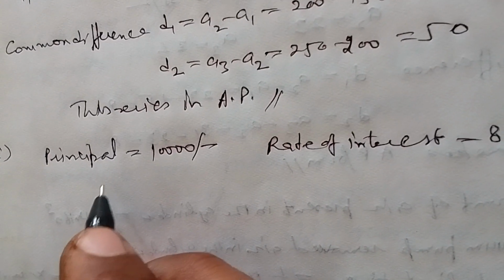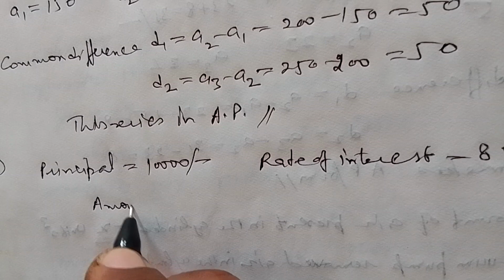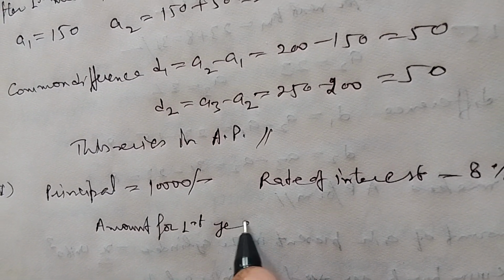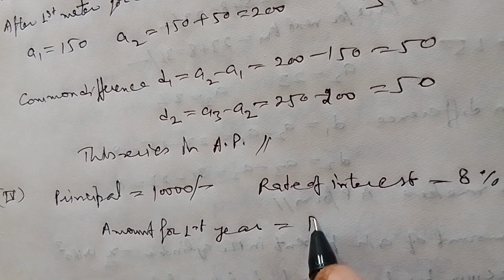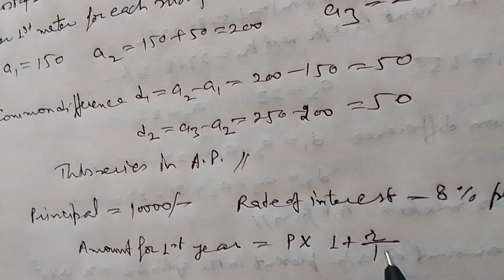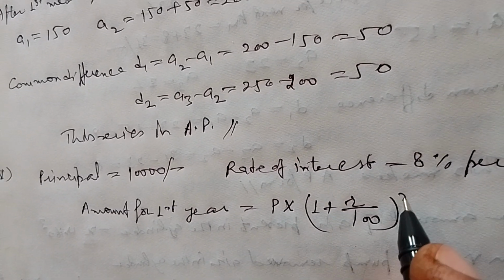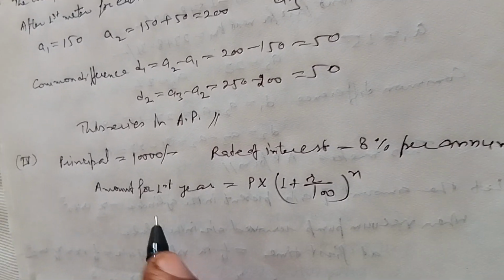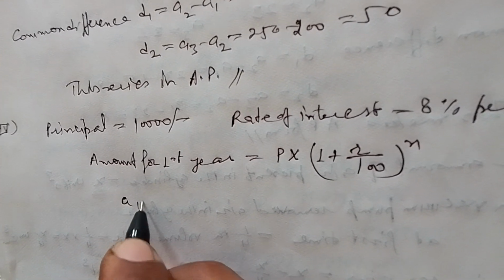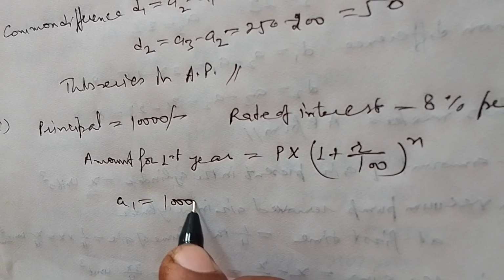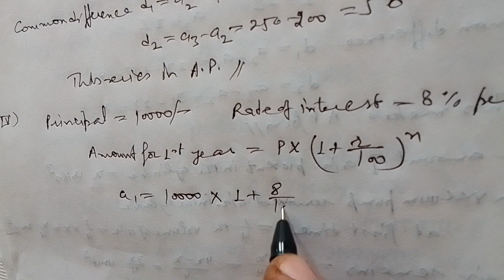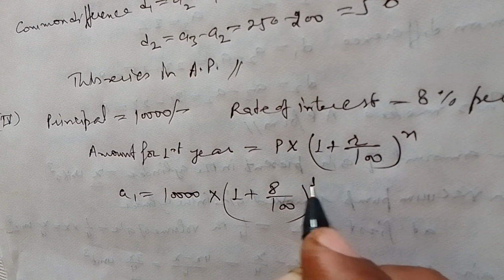So the amount for the first year is P, principal, times 1 plus rate of interest divided by 100, to the power n, n meaning time. So in this case, A1 comes out to be 10,000 multiplied by 1 plus 8 divided by 100 to the power 1 for the first year.